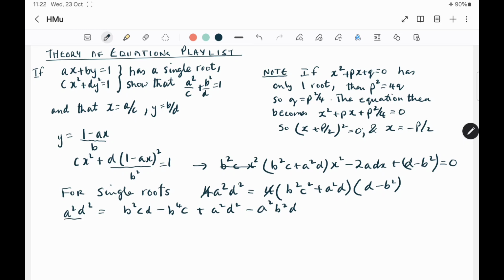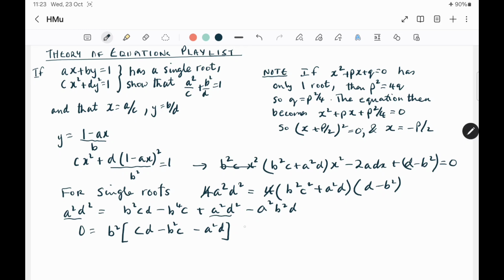Here, those two terms conveniently cancel each other out, and what we are left with then on the next line is 0 equals b squared into cd minus b squared c minus a squared d, from which we can remove the b squared.